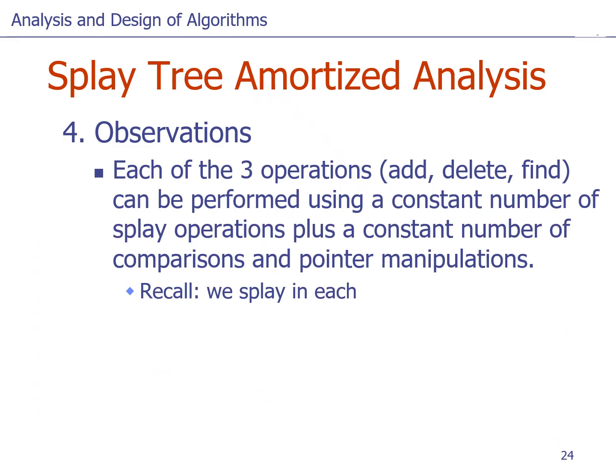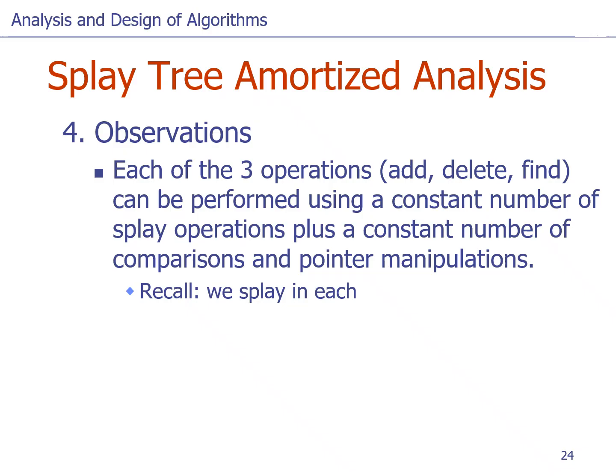Another observation is that we are splaying in each of the 3 operations we are analyzing: the add, delete, and find. And for the same input, for the same tree, we're going to do more or less the same number of splay operations, plus some number of comparisons and pointer manipulations.